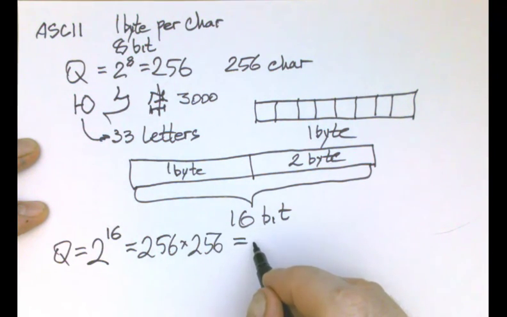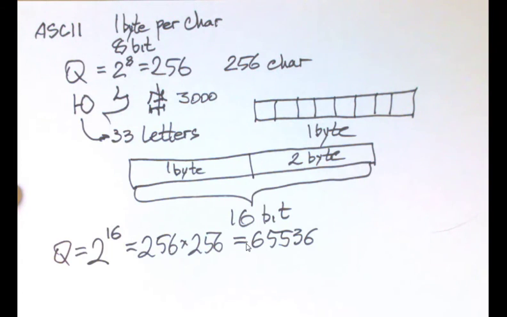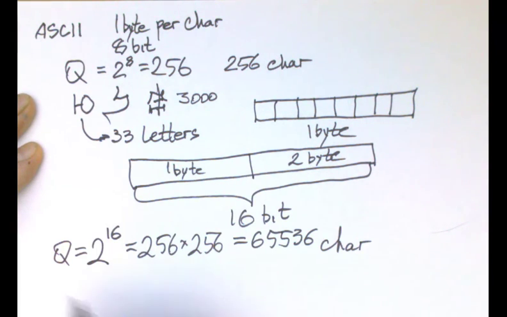If I remember, that is 65,536 characters that can be encoded with 2 bytes. This new code is different from ASCII and got the name Unicode, like universal code.